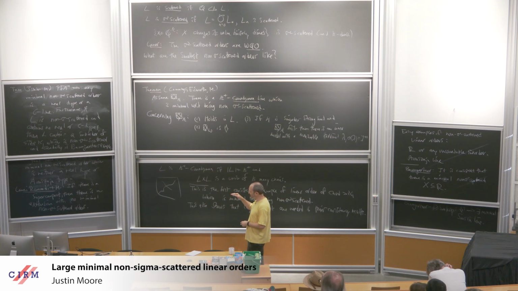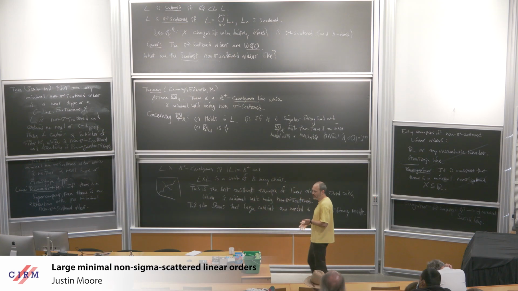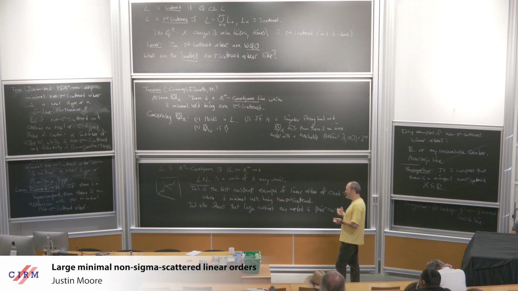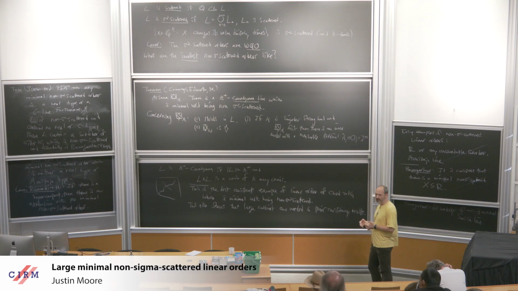In some sense, the large cardinals have the finding, the problem of, given a non-sigma-scattered order, finding a suborder of size aleph 1 which is non-sigma-scattered. This is a problem closely related to, but not entirely the same as, stationary reflection. So it's not surprising that large cardinals show up. But it was not until the current paper that we were able to justify that.